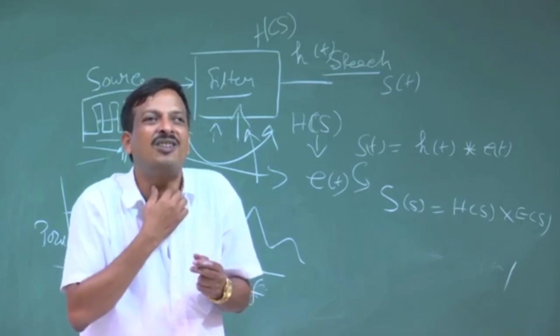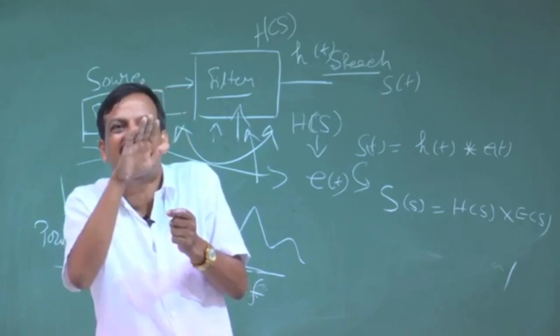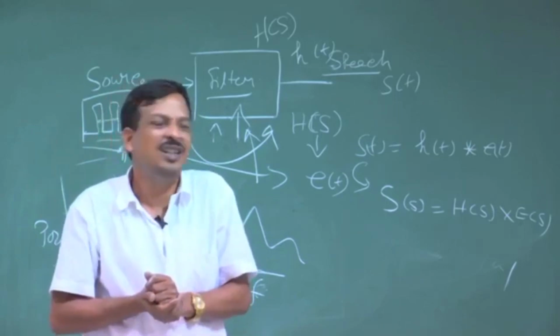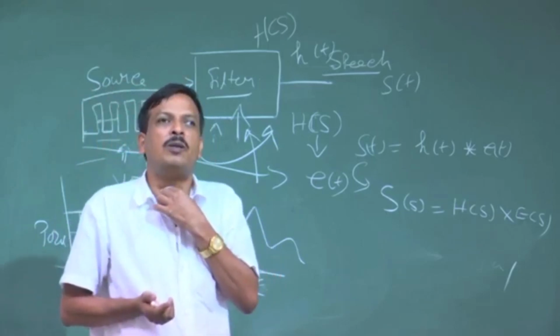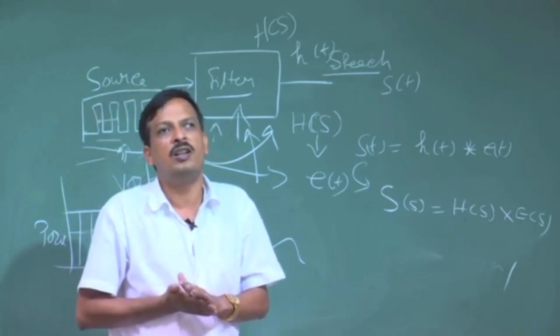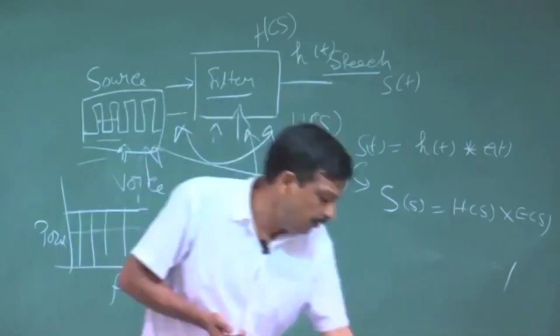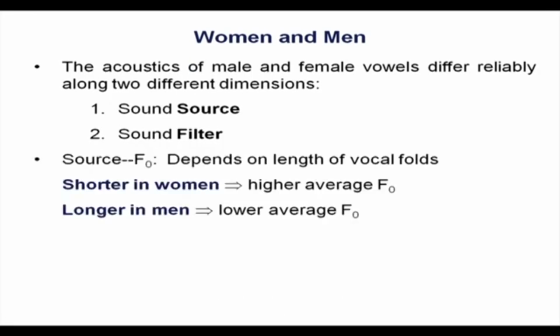So, you practice controlling the vocal cords through riyaz, so that you can touch the perfect note. During speaking also, we change the vocal cord fundamental frequency with respect to time to provide the melody of the speech. Now, some facts: sound has a source and a filter. The acoustics of male and female vowels differ reliably along two different dimensions.